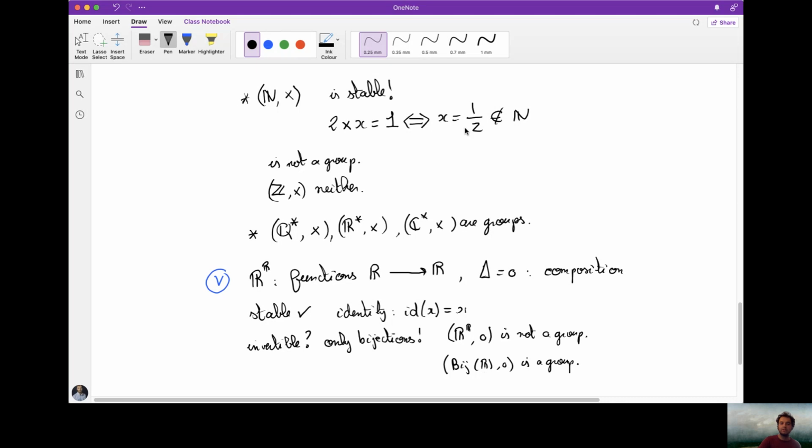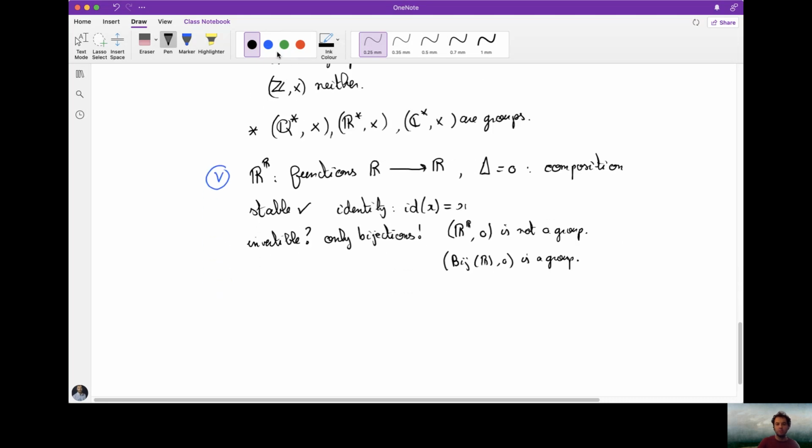Okay, and one last example, which is almost the same with only a generalization to more than one dimension, is matrices. If we consider the square matrices M_n of R with real coefficients and consider multiplication as the composition of matrices, then we have an identity element, what we call the identity matrix, 1 in the diagonal and 0 everywhere else.